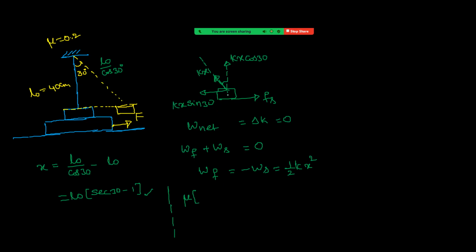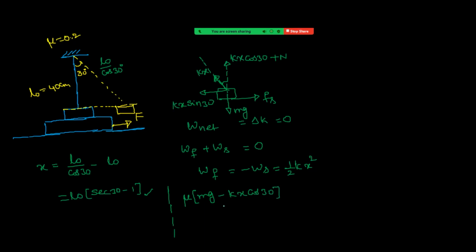See carefully, in this, normal reaction will be, this is mg, normal reaction upwards. If you take force equation along vertical, the sum of these two is balanced by mg. So N equal to mg minus kx cos 30.